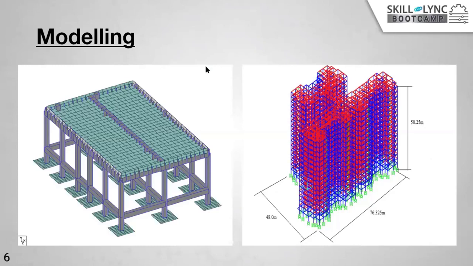So we can discuss modeling more, but it is the basic concept. Whether it is a node, a small structure, or a 15-floor building, whether it is concrete or steel, the procedure remains the same.